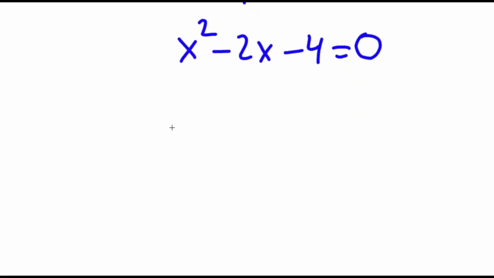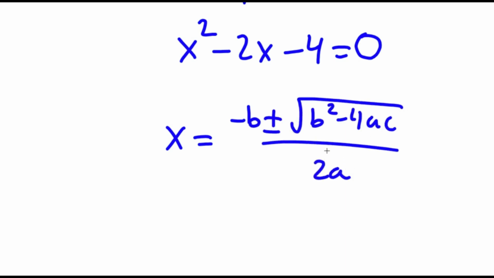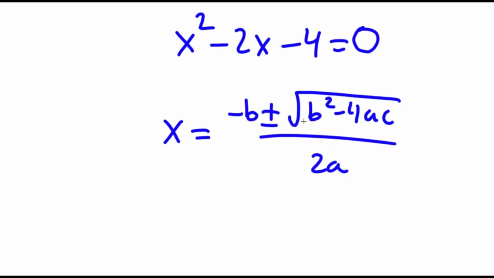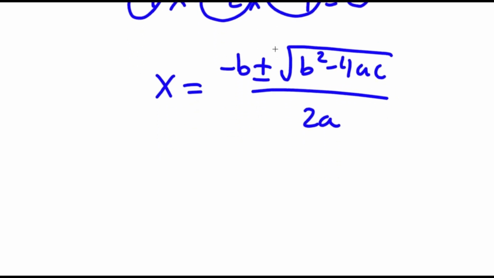Now to solve this, I'm going to use the quadratic formula, which is negative b plus or minus the square root of b squared minus 4ac all over 2a. So in this case, b is -2, a is 1, and c is -4.